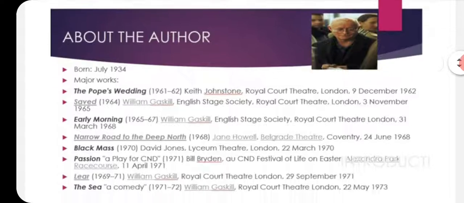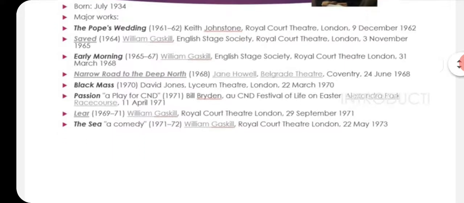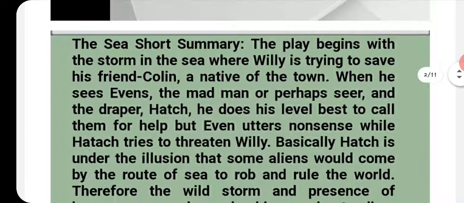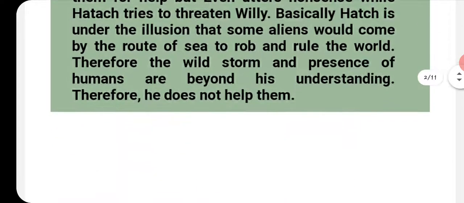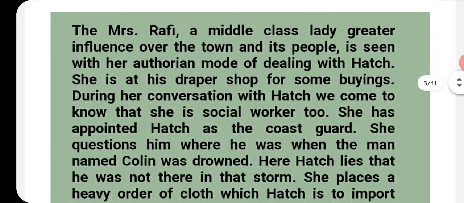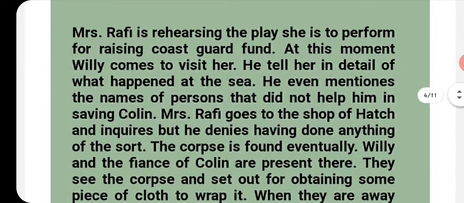I'm Mohammad Naeem Amin Bhatti, and today we are going to have a look at our lecture, the second part of our previous lecture. We discussed the character list in our previous lecture and also a short summary of the play written by Edward Bond. The play is The Sea, and today we are going to have a scene-wise summary of the play.